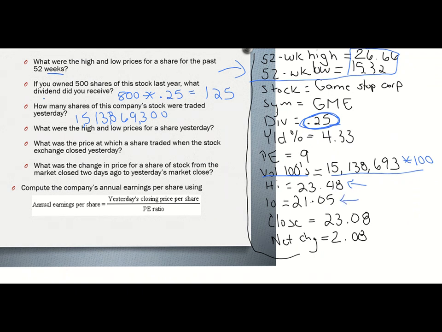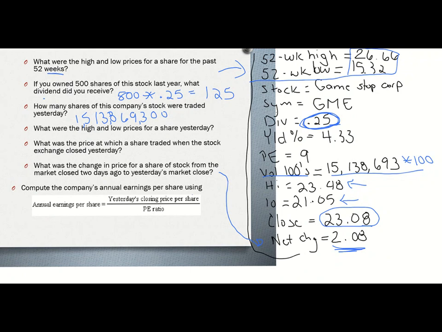What was the price at which a share of stock traded when it closed yesterday? That's going to be your close value, so $23.08. What was the change in price from a share of stock from the market close 2 days ago to yesterday's market close? That's going to be your net change, so $2.08, and it's positive, so that means it went up $2.08. And then they want the company's annual earnings per share. This is what they expect to earn per share.